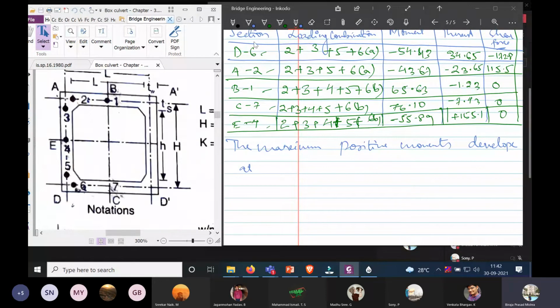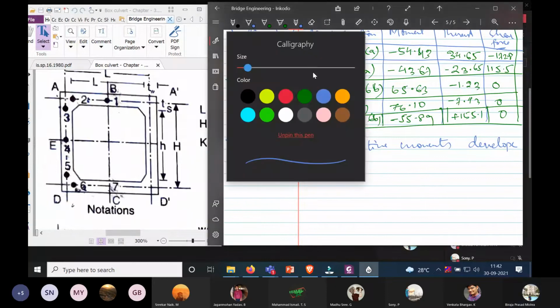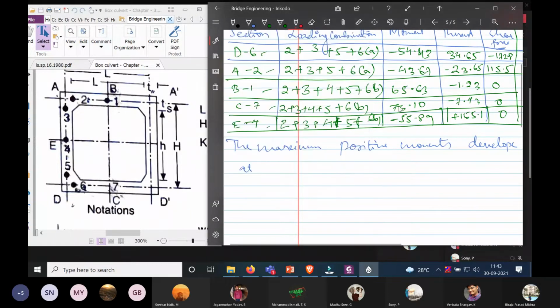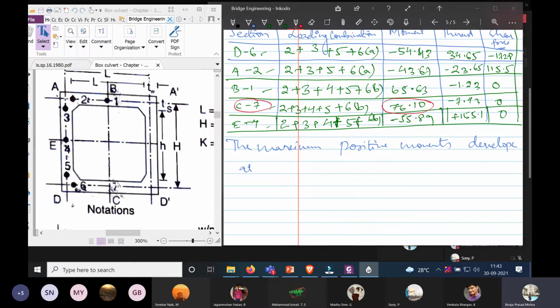The maximum positive moment is 76.1, and it is for section C7.